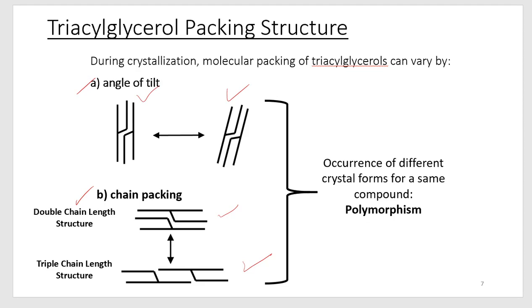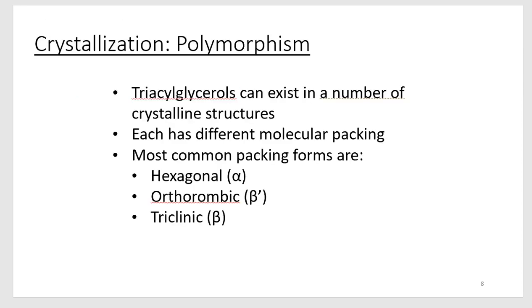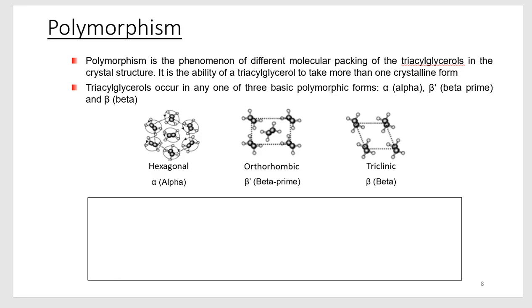So in polymorphism, the most critical thing is the packing of the triacylglycerols. Most common polymorphic forms are alpha, beta prime, and beta. These names come from their shapes. These black balls are the carbon atoms. In the alpha form, the triacylglycerol chains are packed in a hexagonal shape.